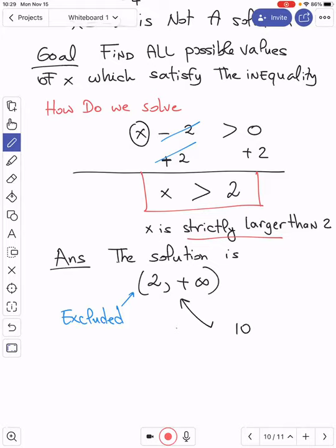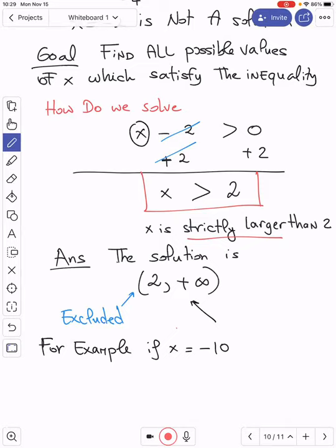Otherwise, if you take a number which is not in this interval, for example, let's say x is negative 10, right? Negative 10 is not in this interval, right? It's less than 2. Then because it's not in this interval, it's not a solution.